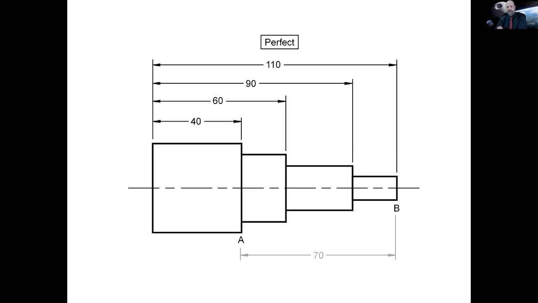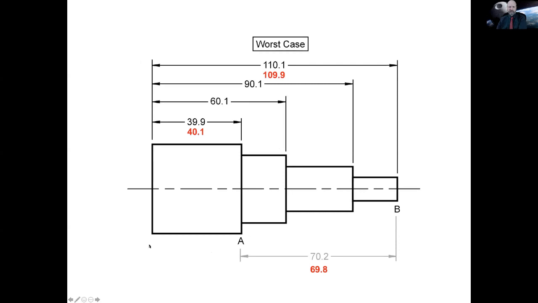All right, so again, let's go through the different scenarios. This is if it's perfect. You measure 40 for this one, and you measure 110 for this one. That means the distance between A and B is exactly 70. And then here is the minimum worst case.